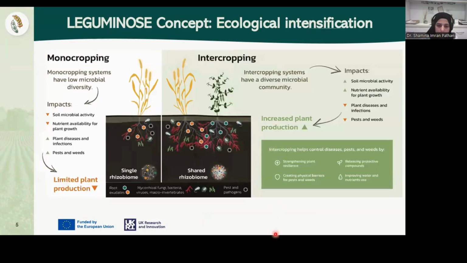But later, the main hypothesis of our project, as you can see simply in this figure, is about monoculture versus intercropping. We know that each plant has a different kind of root exudation pattern. Through the root exudates, they release different kinds of chemical compounds.